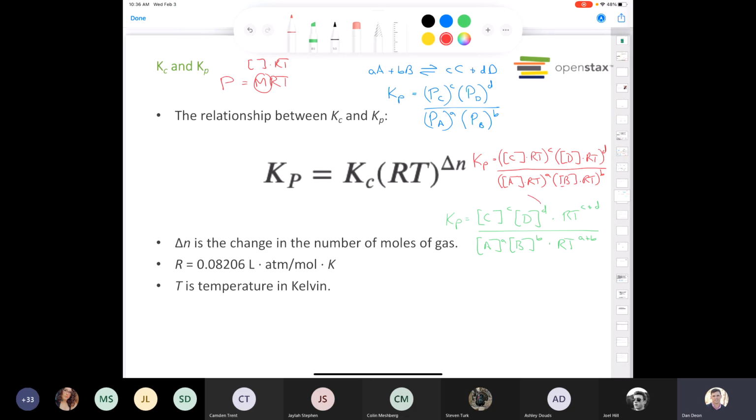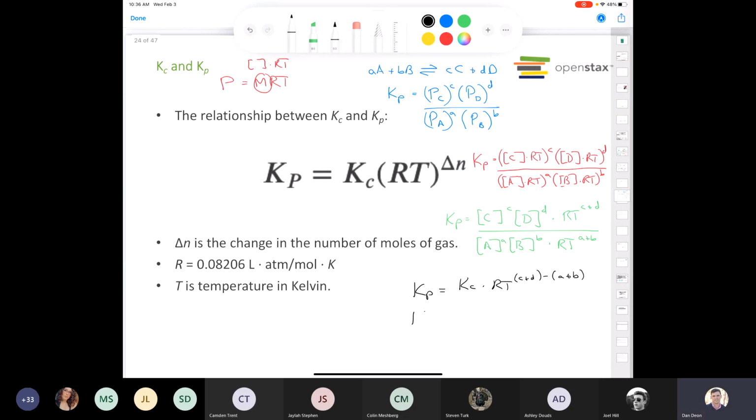Anybody recognize this chestnut right here? That's Kc, isn't it? So now we can say that Kp is equal to Kc times RT to the power of c plus d subtract a plus b. Okay? In c plus d, subtract a plus b, that's our delta n.